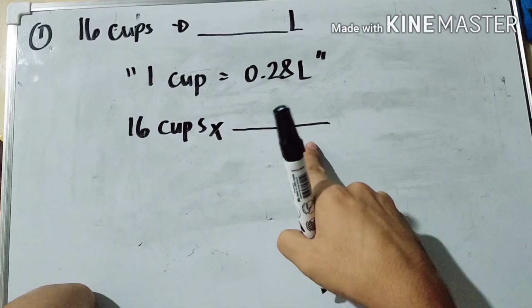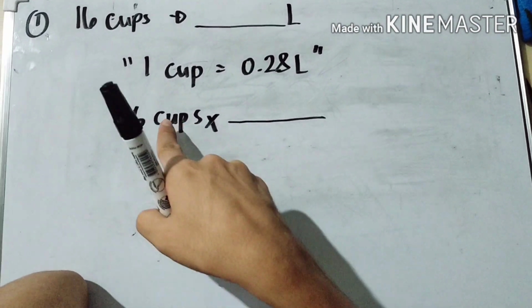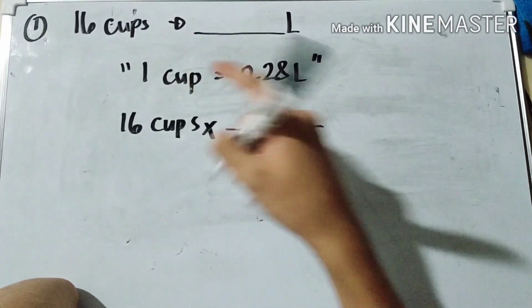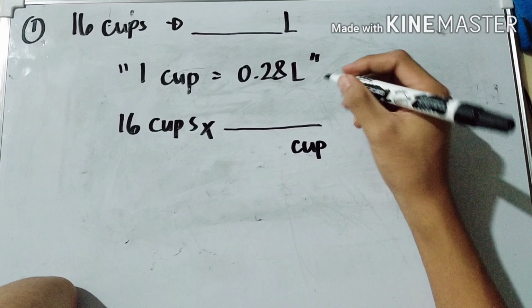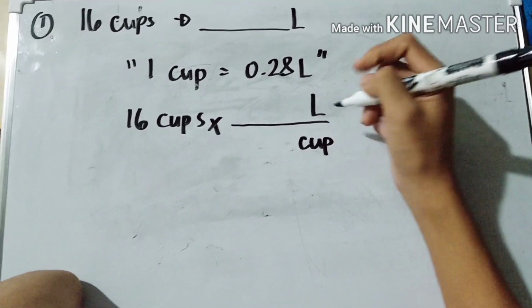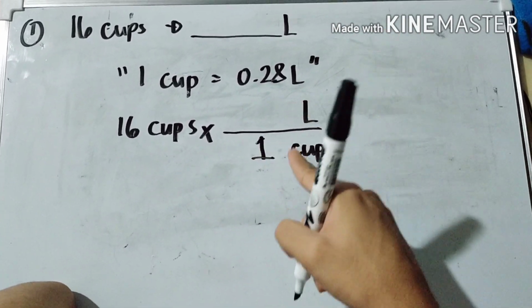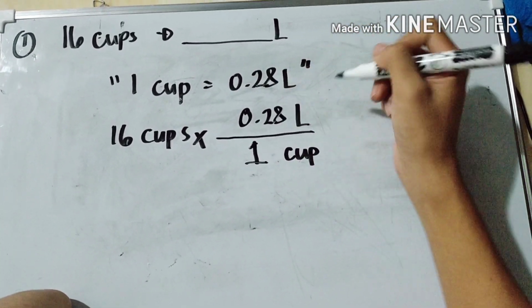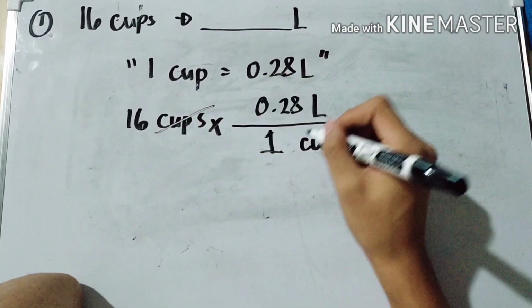So, ang ilalagay mo sa ilalim or sa denominator is yung katulad ng given na unit of measure. So, dahil ang given ay cups, yung cup ang ilalagay mo dito. And then sa taas, yung katumbas na liter. 1 cup is equivalent to 0.28 liter.